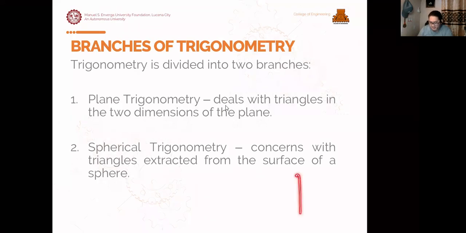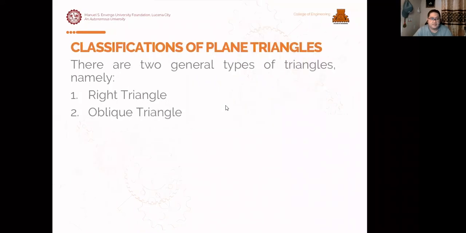So, yun yung pinag-aaralan natin sa spherical trigonometry. No? So, yung triangle niya, usually ganyan yung itsura niya. Okay? So, dito, kumbaga straight lines yung ginagamit natin dito is naka-arc na yung mga lines natin. Kasi sa sphere tayo na kumukuha ng segment na triangular shape. Okay? Pero for this session, plane trigonometry lang tayo.